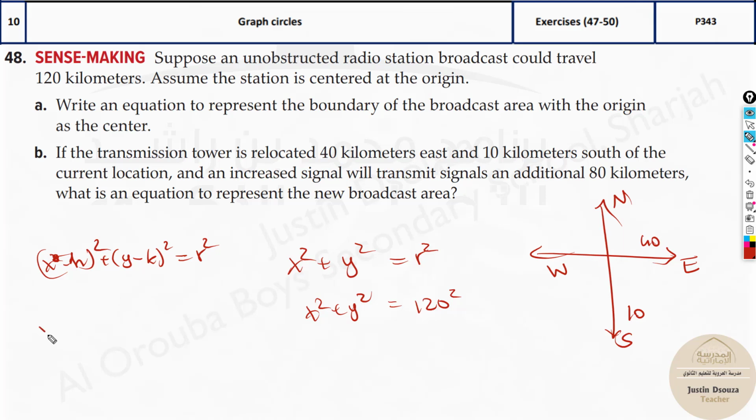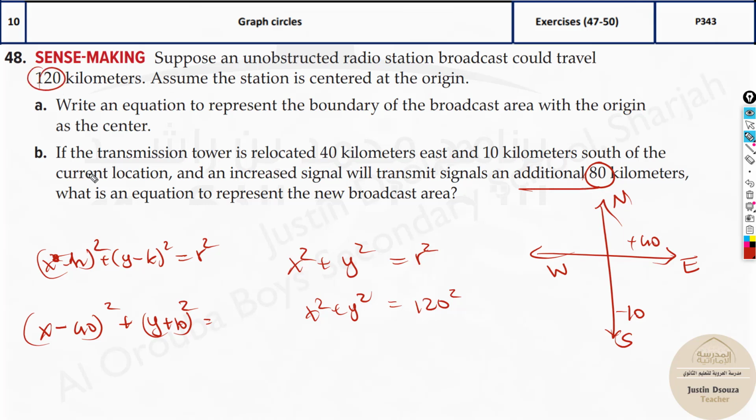Here all you need to write is x minus, what happens with the horizontal direction? It goes to the right, it's plus 40. So you just write 40 here. This is the first equation, plus. Now here it goes down, it's minus 10. This is minus, this is plus. Minus and minus will become plus here, whole square, and just square. Now here they have told 80 additional.